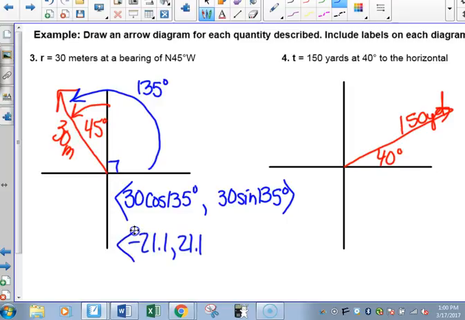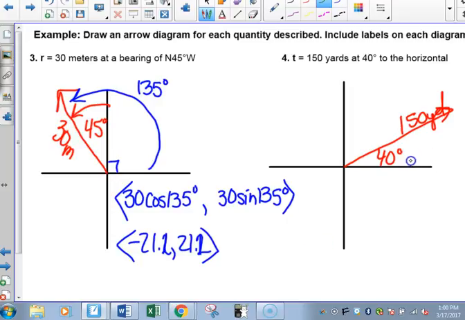I'm thinking it's the same number, yes. 21.1 and 21.1. The 45, 45, 90. Someone else get that? Do you get those numbers or am I crazy? Oh, yeah, it's 21.21. I am crazy. Can't read calculator. Better glasses would be good.